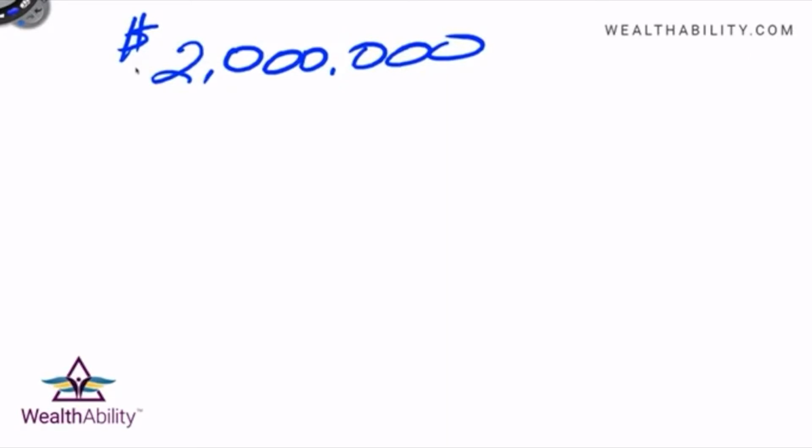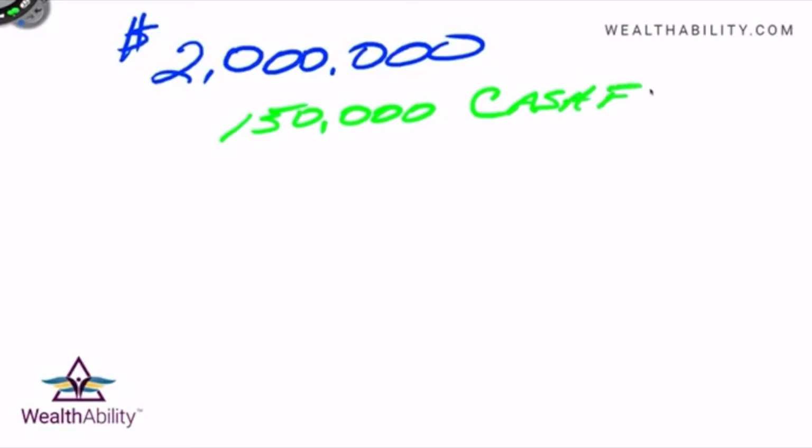Let's make it better. Let's say it produces $150,000 of cash flow. Okay, now that's great. So I'd have $150,000 of taxable income before depreciation.